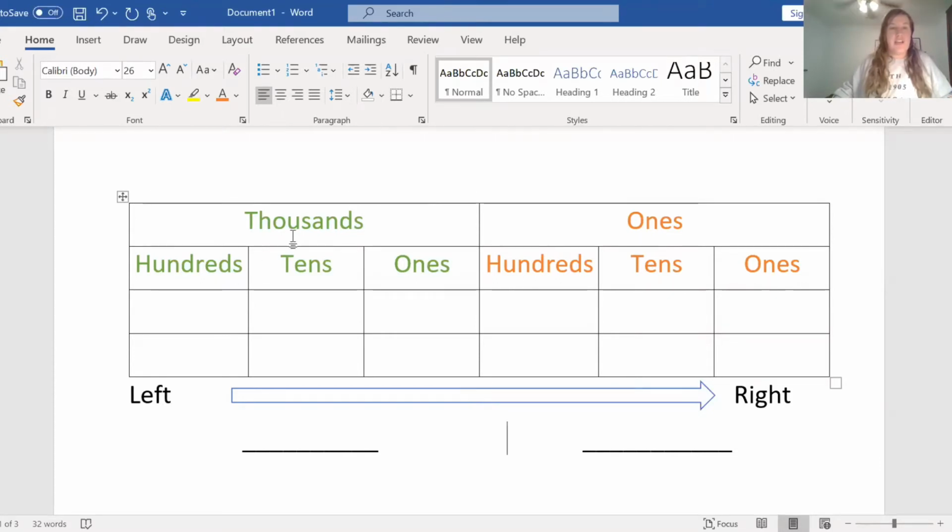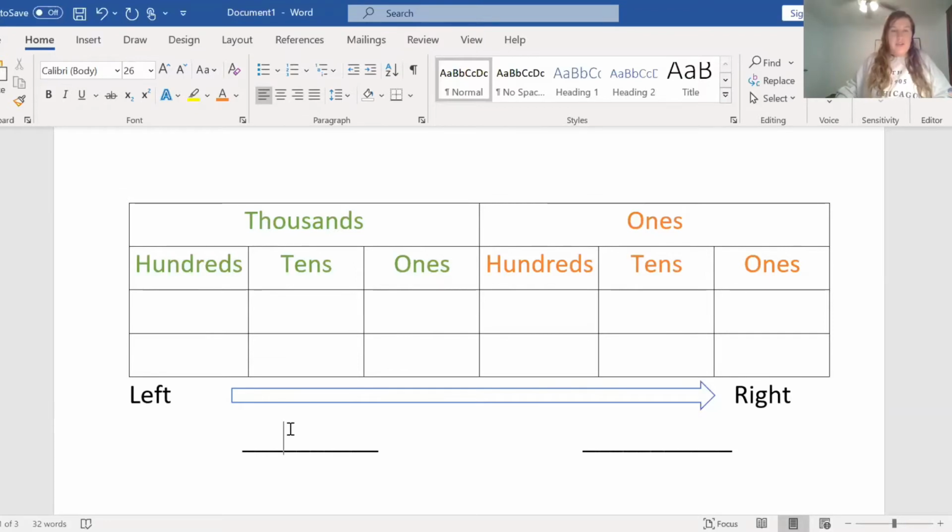Here I have the 100,000, 10,000, 1,000, hundreds, tens, and ones place. And remember, we read the place value chart from left to right. You can use that as a reference throughout the activity.